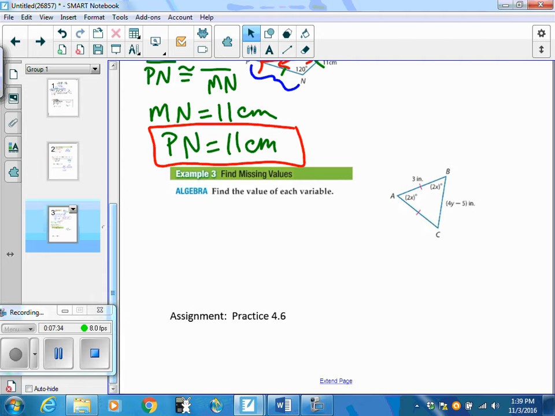And example 3, this very last one, we want to find a missing value. It says find the value of each variable. Some things that we know about the congruence markings is that AC and AB are congruent, which means that their base angles, the angles opposite those, also have to be congruent to each other.